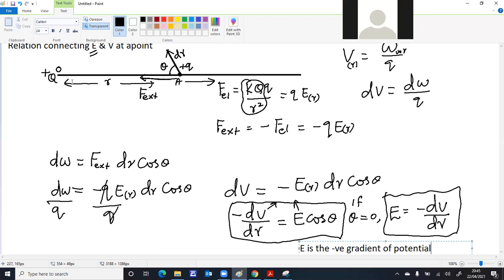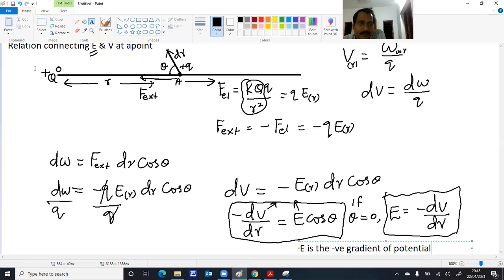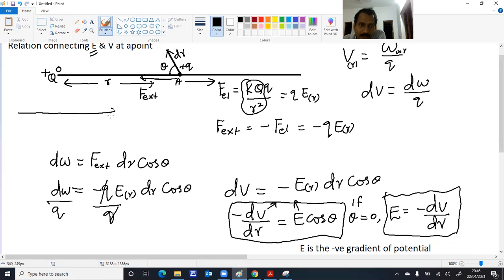Yes, sir. Can you explain that? Yeah. Last year we have seen something called velocity gradient. If the speed changes, like this is a layer moving with 100 meters per second, just for understanding, and this is a layer moving with 50 meters per second, and the distance between these two is 10 meters.